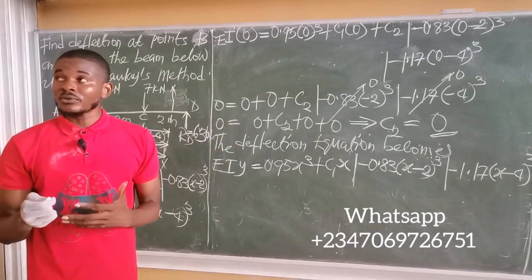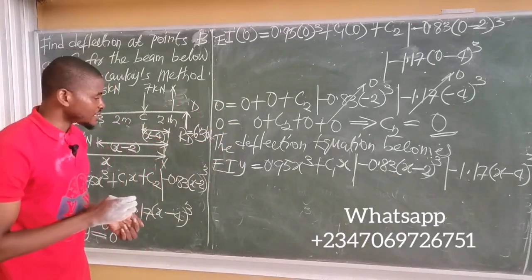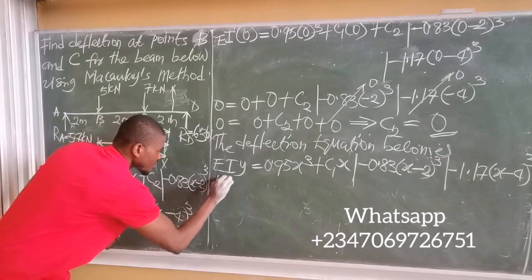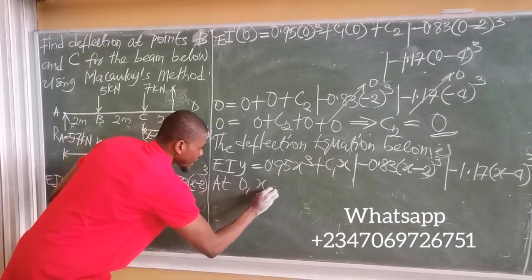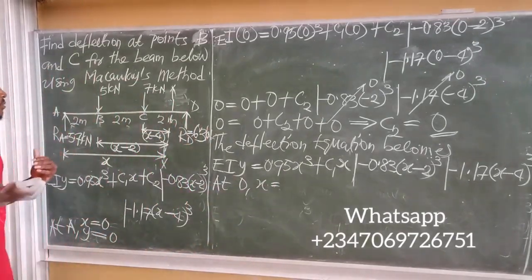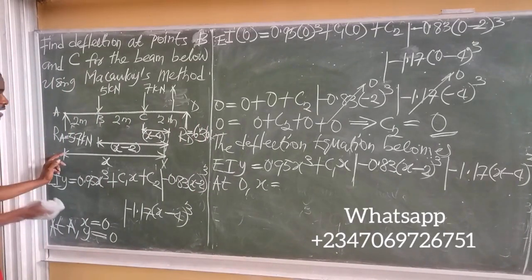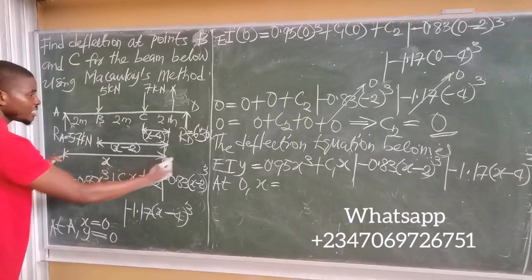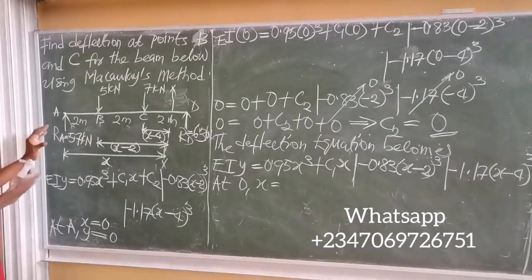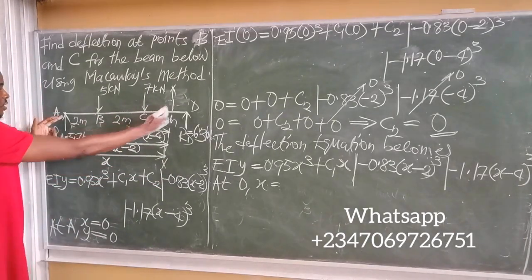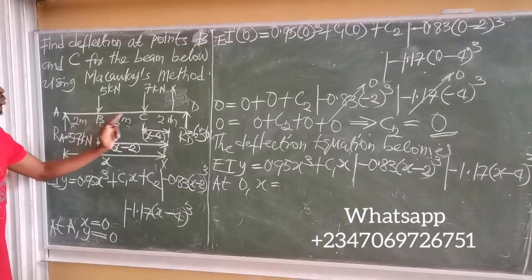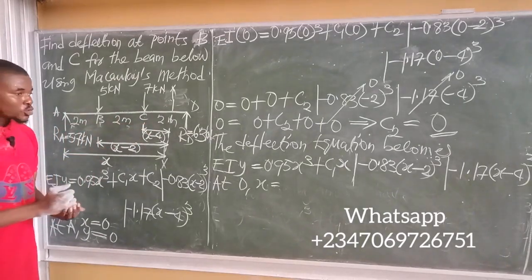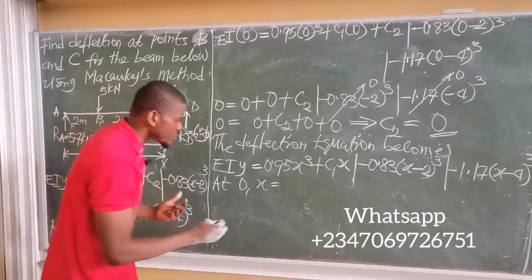So at D, the value of x is simply the total value. Remember, x runs from point A down to this point of section. So if x extends from point A down to point D, it becomes the total length of the beam from A to D, which is 2 plus 2 plus 2, that is 6 meters. So at D, x equals 6.